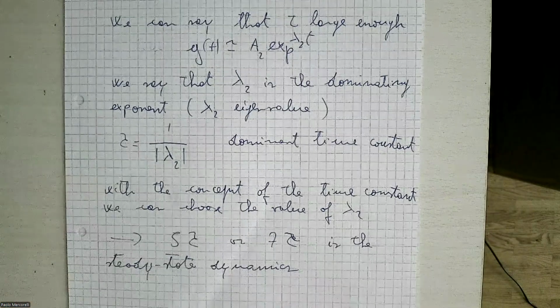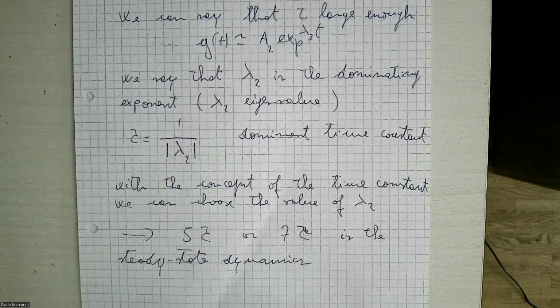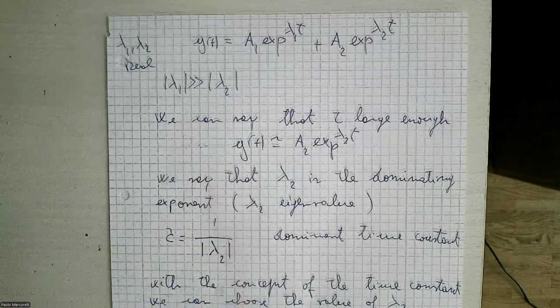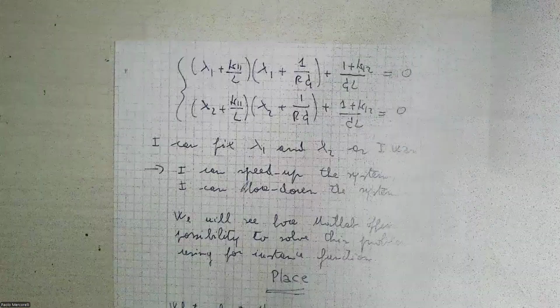The reason is that after 5 tau, or 5 times the dominant time constant, we achieve the goal. In order to understand how I can choose lambda 1 and lambda 2, lambda 1 must be larger, no? Theoretically much larger. Otherwise, of course, we have an influence, but in any case, this criterion could be used.